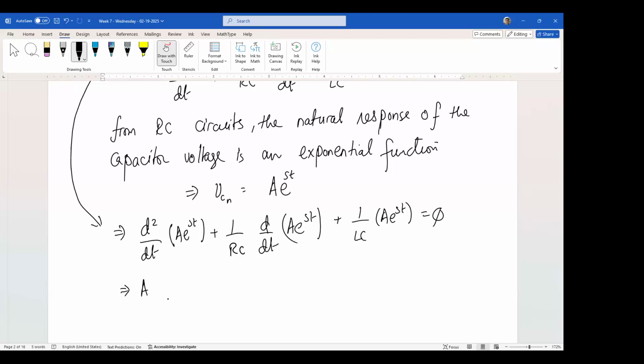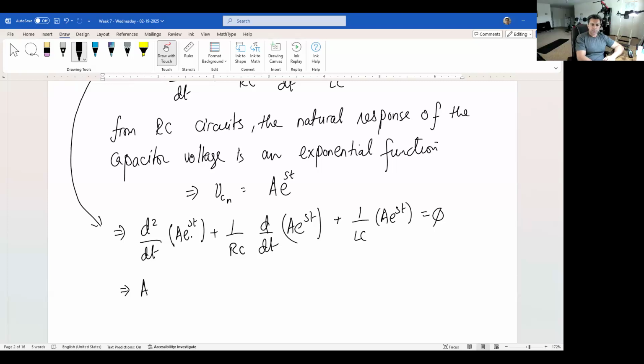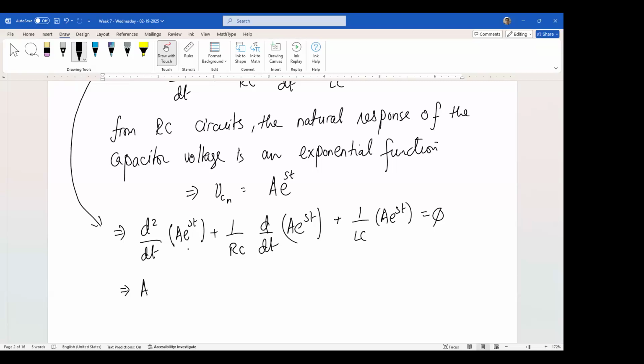Would it be e to the power of st? e to the power st, yeah. A, of course, is constant. I took it out. What will be the derivative of e to the power st? The first order derivative, and then we can do this one more time to have the second order derivative. Just to do the derivative one time, what will be the derivative of e to the power st? Wouldn't it be s divided by e to the st?